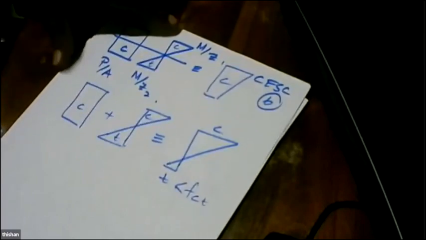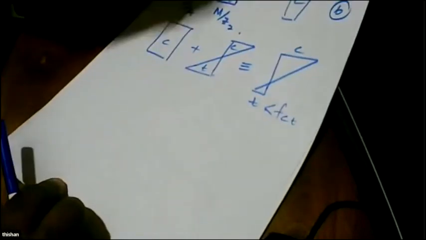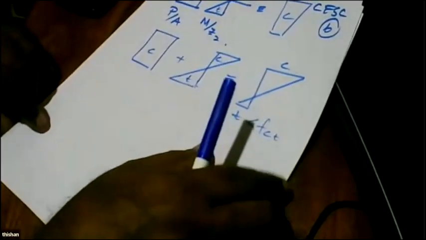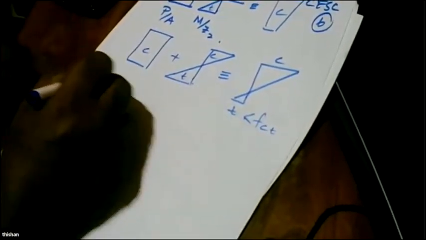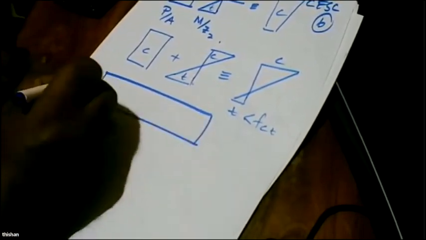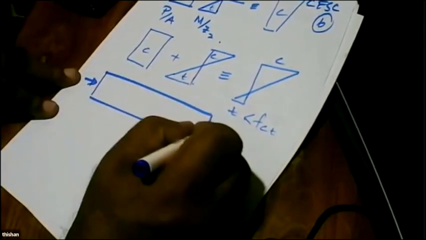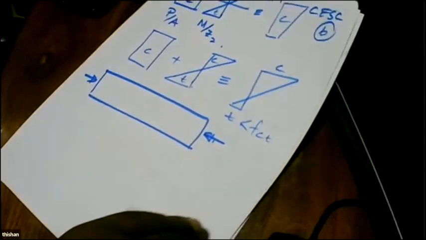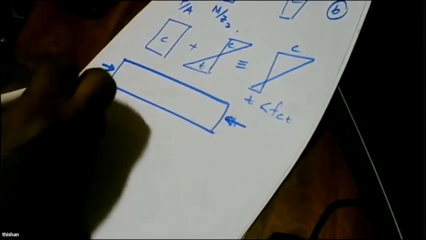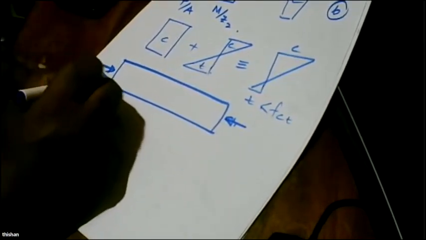So that is also okay. But applying an axial pre-stress like this is not very efficient. We can do better. How? Instead of applying it here, we apply it here.